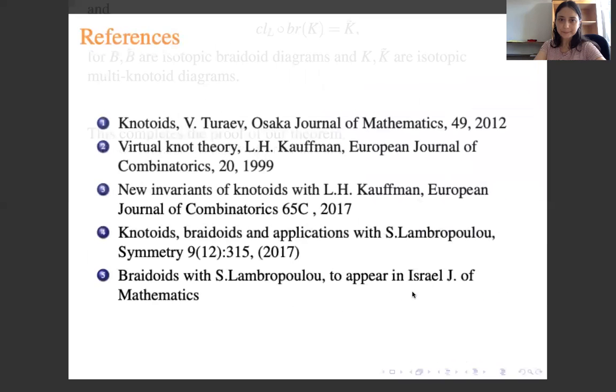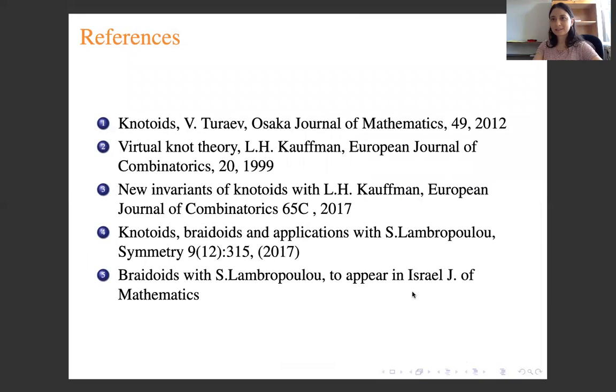So the results that were explained today by myself are from these reference articles. Turaev's article, Knotoids, where we see virtual knot theory. Throughout our study of knotoids, we used a lot of virtual knot invariants and virtual knot concepts.